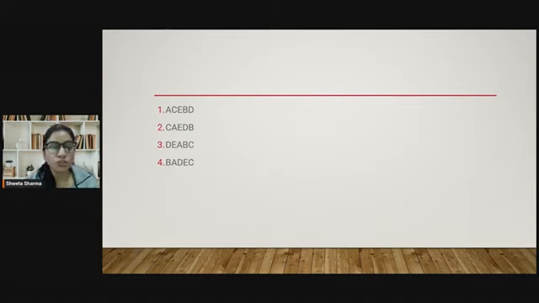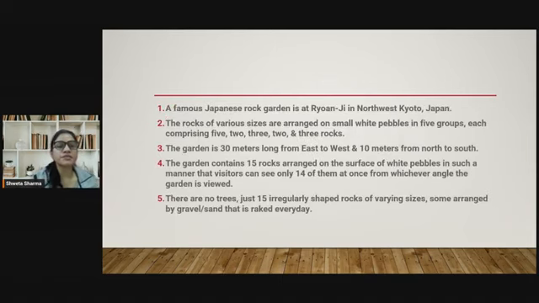Perfect. So let's have a look at the question together. I hope everybody answered it correctly. So the answer has to be A for this. It's ACEBD, because it starts with the Japanese rock garden.